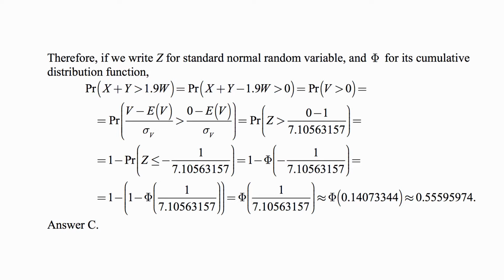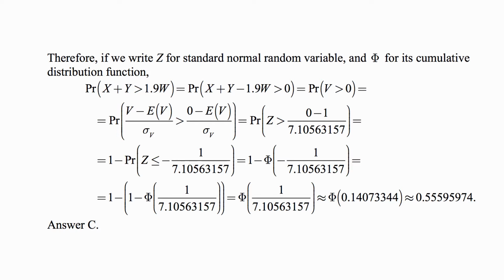So it's 1 minus phi, the CDF of the standard normal distribution, evaluated at negative 1 over 7.10563157, and phi of minus a number, so phi of some negative number, is the same as 1 minus phi of the positive version of that number.